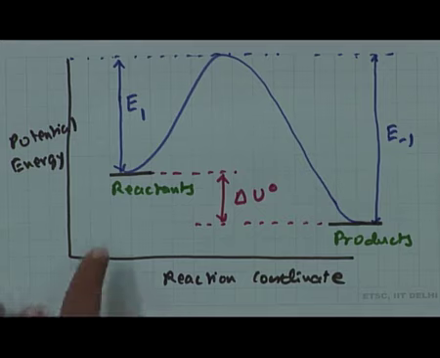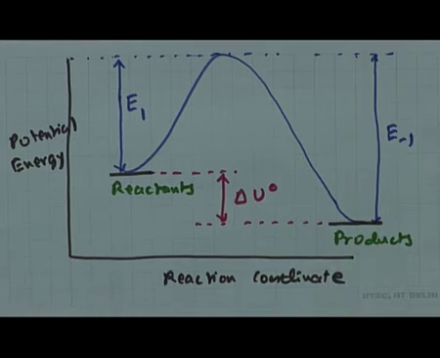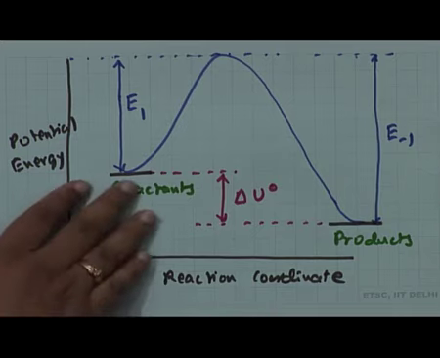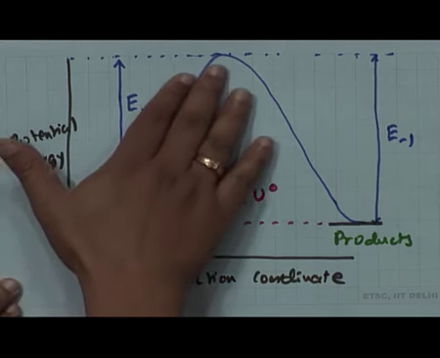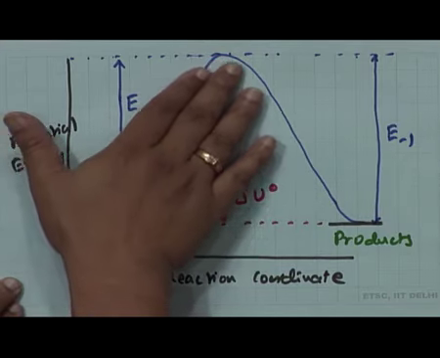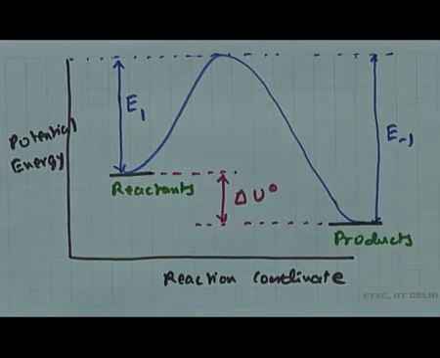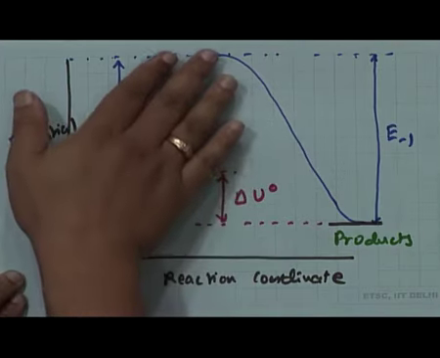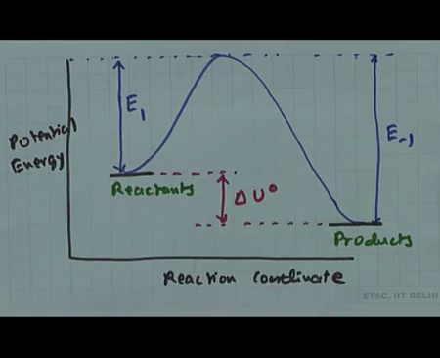When the reactant goes to the product, you start from the potential energy of the reactants, then slowly move upward and reach a maximum. Once you go over to the other side, the potential energy starts to decrease, and you come down to the products.